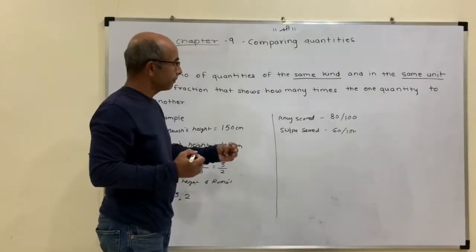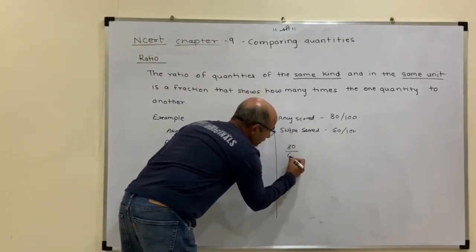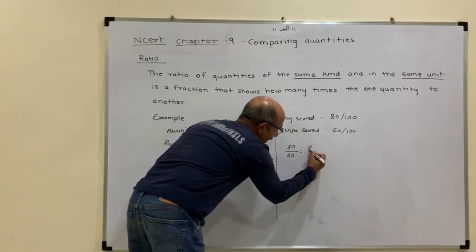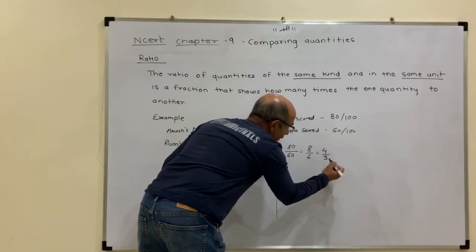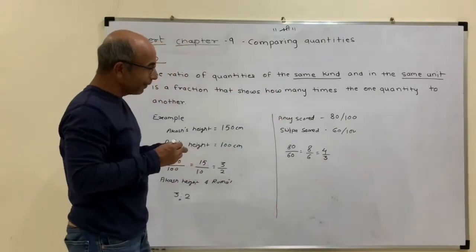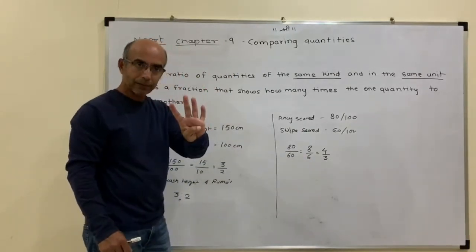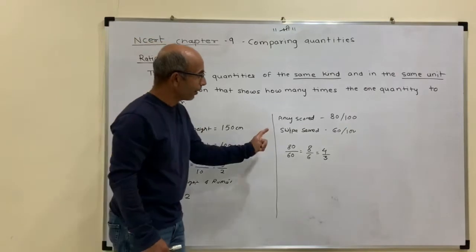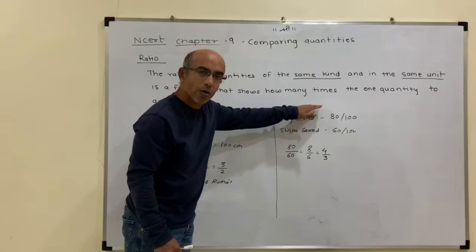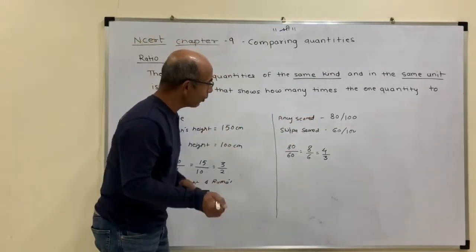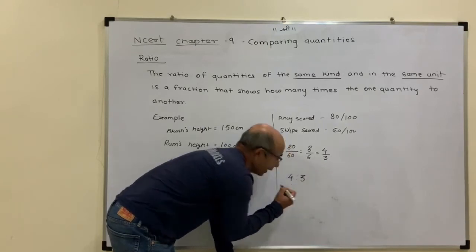Exam, out of 100. So here the ratio will be 80:60. So I say 8 by 6, then I say 4:3. So for every 3 marks scored by Shilpa, Anuj scored 4 marks. You need to understand that. So the ratio will be 4:3.